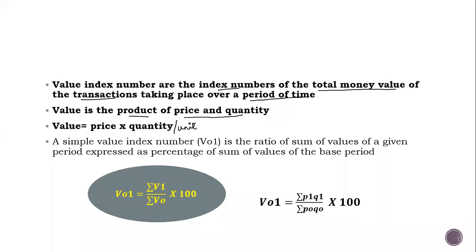So when it is the current year, we include both the price and the quantity of the current year, and when it comes to the base year, we use the price and the quantity of the base year. So the formula is summation P1 Q1 divided by summation P0 Q0, that is the price of the base and the quantity of the base year. Okay, so this is the formula.